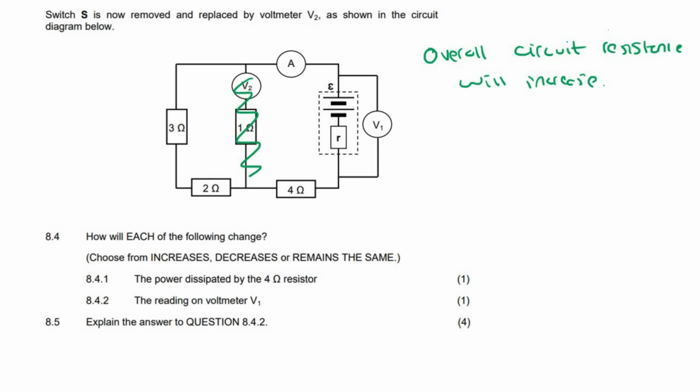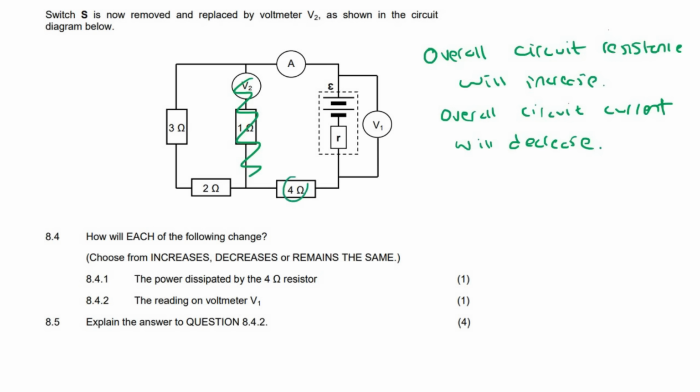Okay, so that means that the overall circuit current, this value here, will decrease. Meaning that, remember, current tells you how fast is the electricity flowing. If the overall resistance becomes more, then it's more difficult for the electricity to flow. So the overall circuit current will decrease.